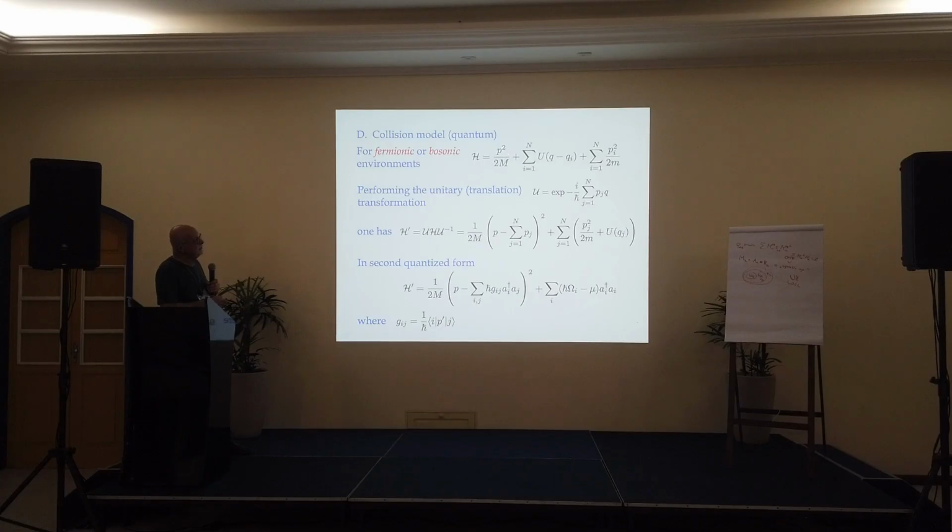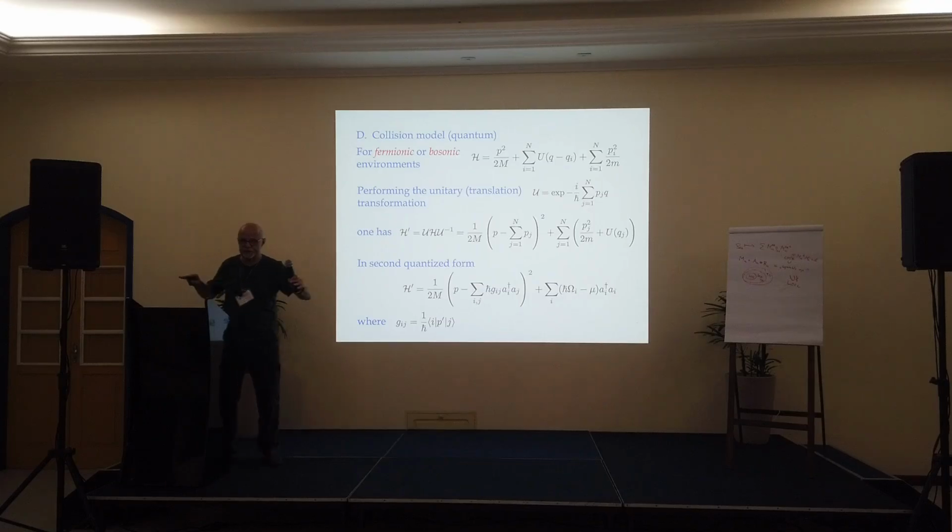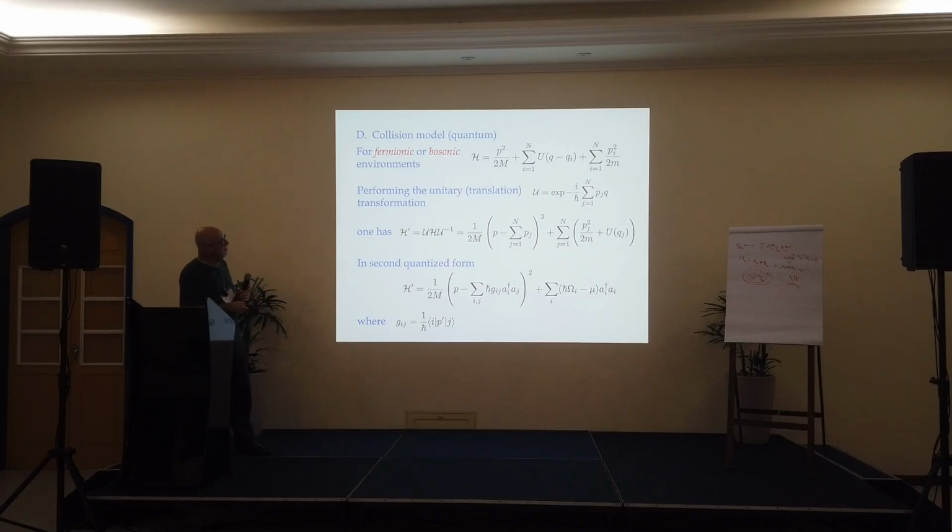What we have is a particle, just a massive particle in 1D, and this particle is coupled with particles in 1D, and the coupling is just a sort of contact potential. That's the only coupling that we have. That's the scattering of these particles of the environment by the external particle.